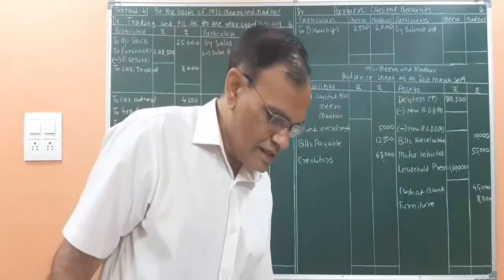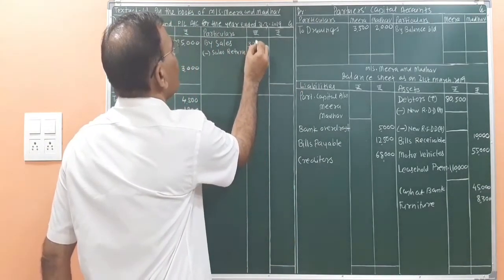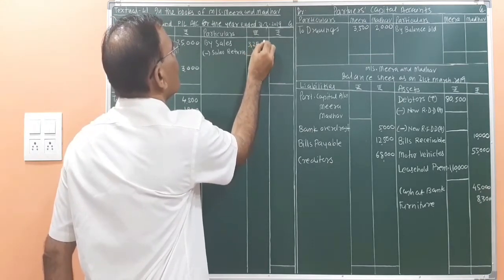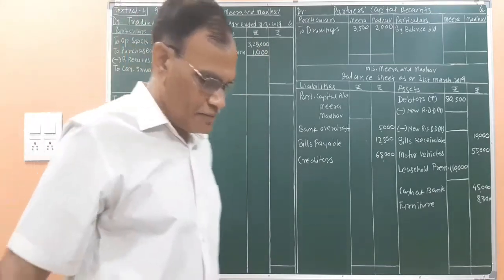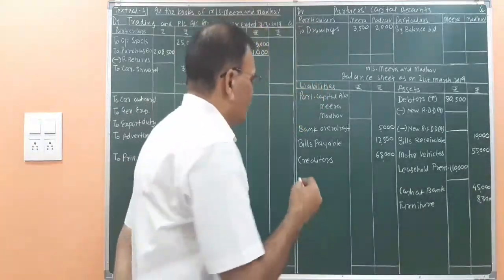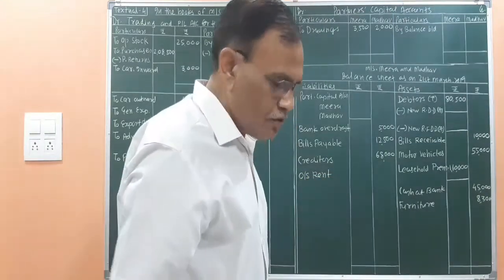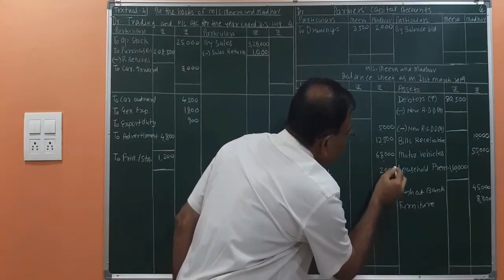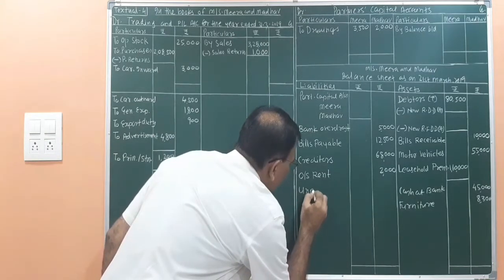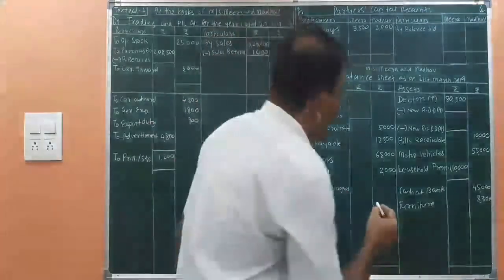Now sales is 3,25,000 in the inner column. Then we are having outstanding rent and unpaid wages. So directly we will show outstanding rent, that is 2,000, and unpaid wages 1,500.